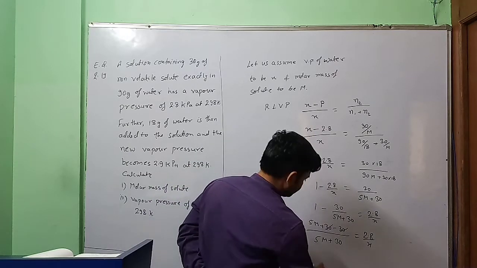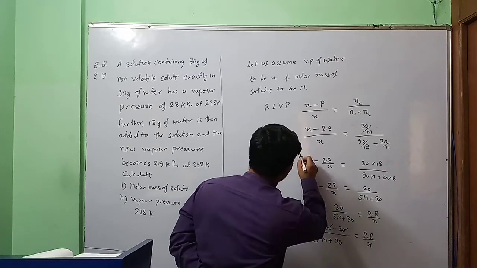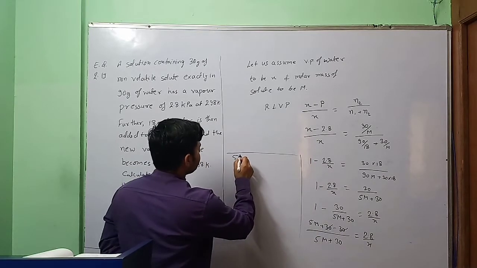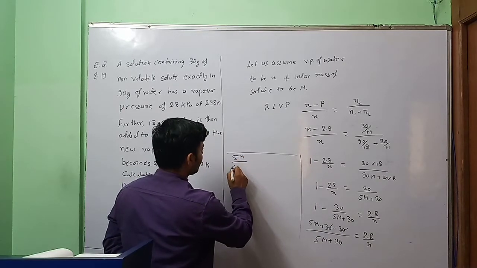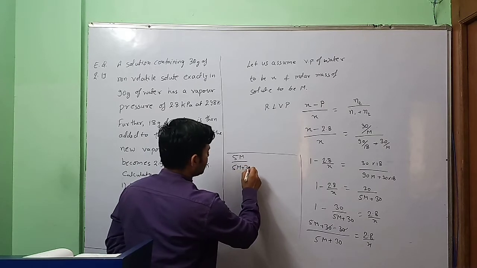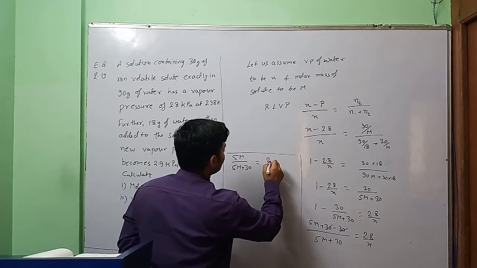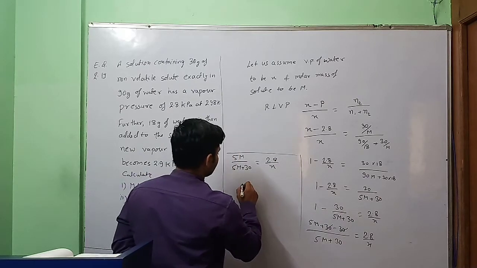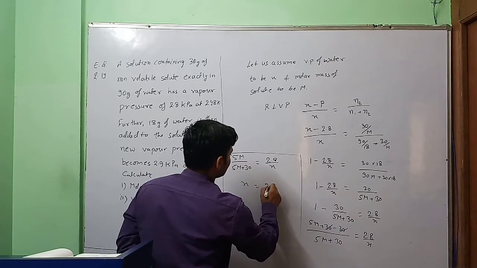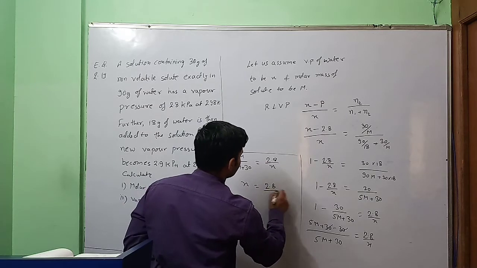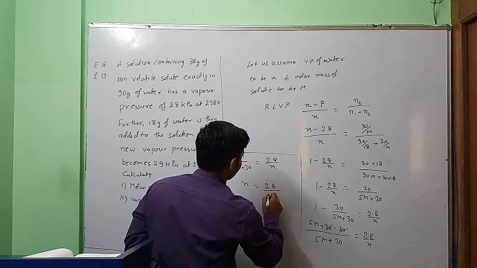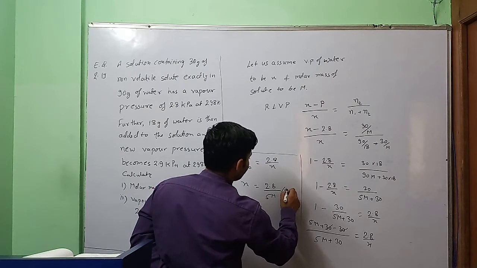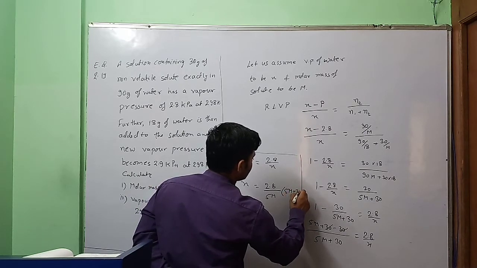So we will get, I am writing it here, 5M upon 5M plus 30 equals 2.8 upon X, or we can write X equals 2.8 upon 5M into 5M plus 30.